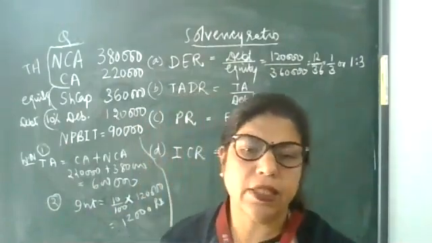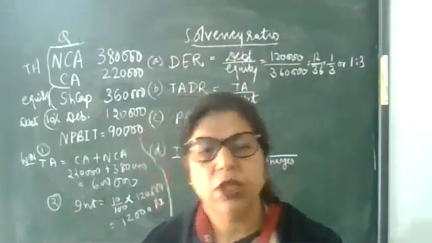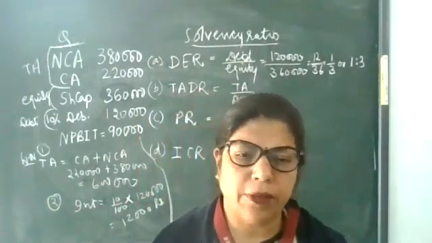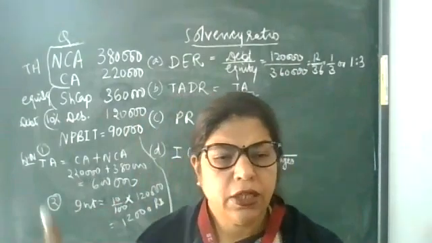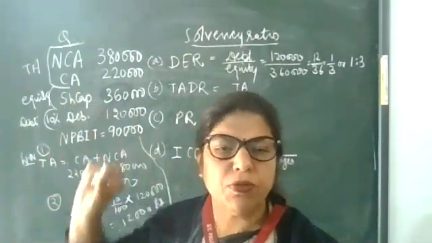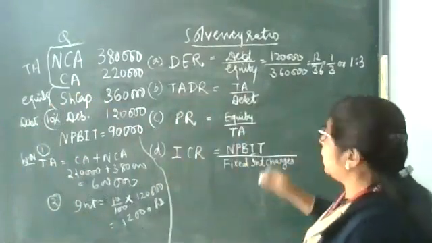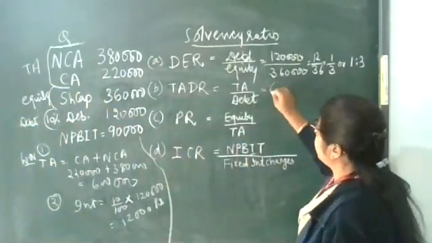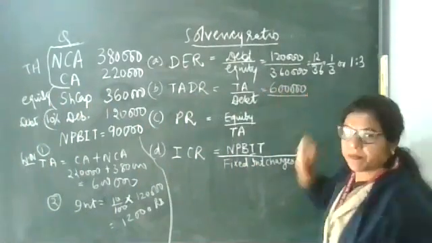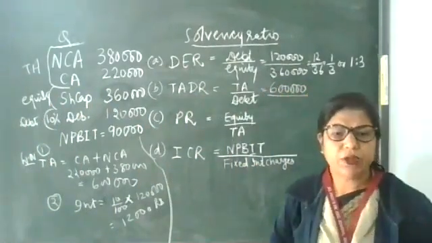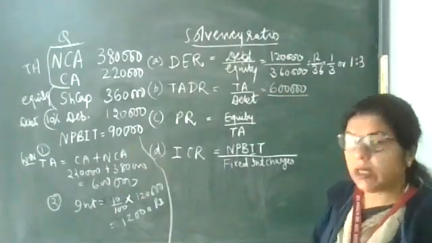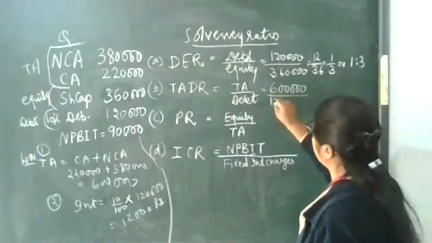Now, total asset upon debt. The formula is total asset to debt ratio. Total assets 6 lakh, debt 1,20,000. What is the value of debt in the question? 1,20,000.